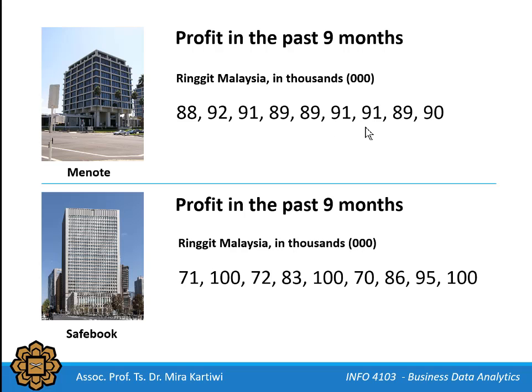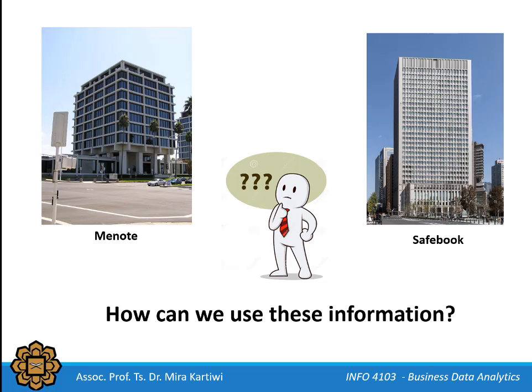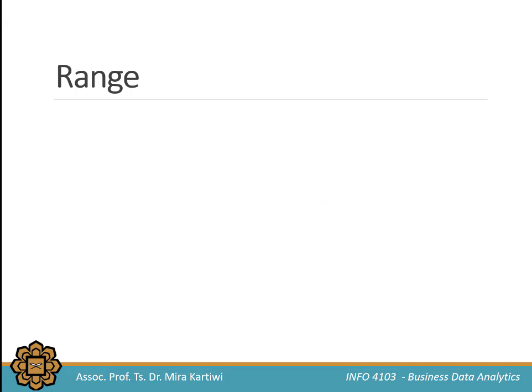The same thing for SafeBook, he gave me the list of profit in the past 9 months: 71,000, 100,000, 72,000, 83,000, and so on. Then he asked me, how can we use this information? There are a few ways in which we can actually use that information.